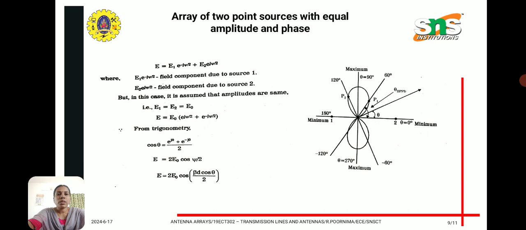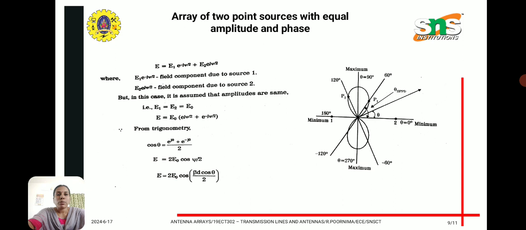Calculating the field pattern, the sum of the two fields E1 plus E2 involves the phase part. E1 e power minus j psi by 2 is the field component due to source 1, and E2 e power plus j psi by 2 is the field component due to source 2. It is assumed that the amplitudes are the same, so E1 and E2 are taken as E0. The equation is modified and E0 is written.